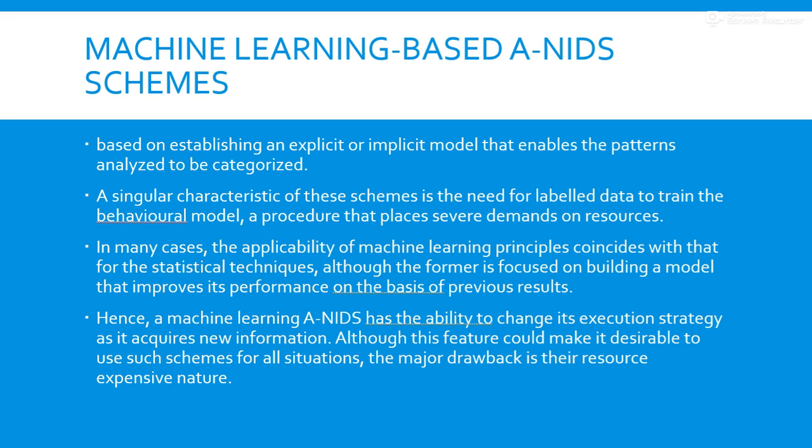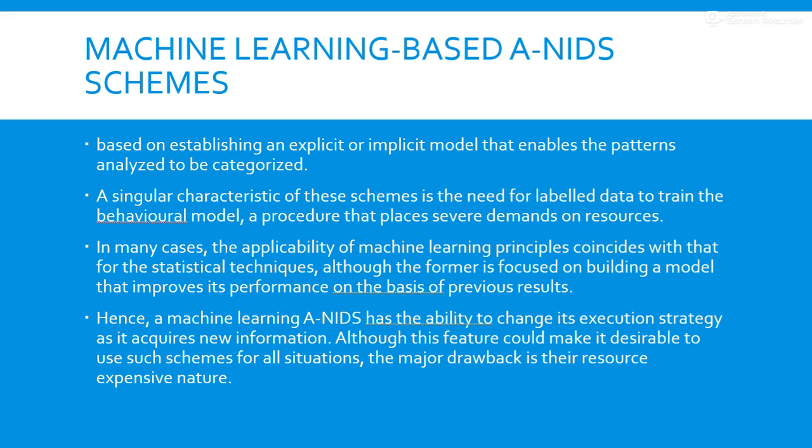and in many cases the application of machine learning principles coincides with that of statistical techniques, as they are similar in some ways, but machine learning techniques focus on building a model that improves its performance on the basis of previous results.